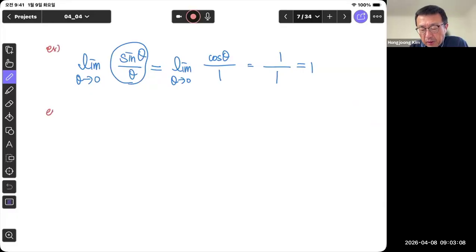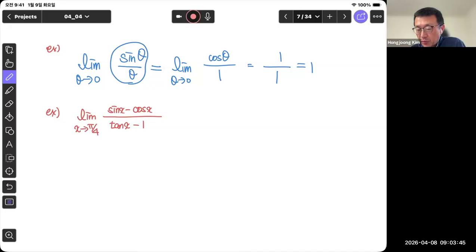Another example we may consider can be found from the exercise. Say, the limit of sine x minus cosine x over tangent x minus 1, as x approaches a quarter pi. Now, at quarter pi, sine x and cosine x have the same value.